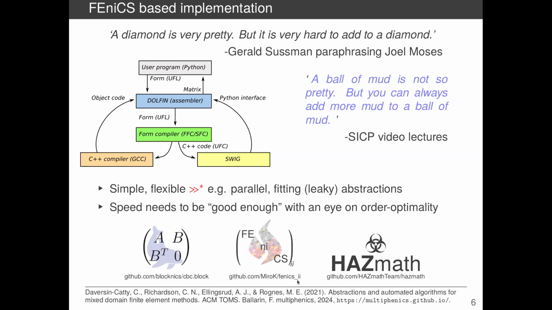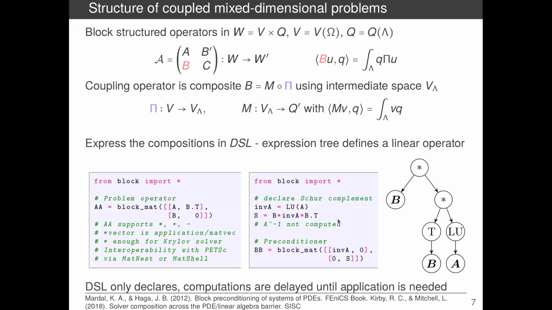So the child of all these ideas is this triple of software packages that are available and you can use them. And the main abstraction that we introduce is how we think about the result of running the assembler on the UFL form. So in Phoenix, when you have a UFL expression and you assemble it, you get back a matrix.